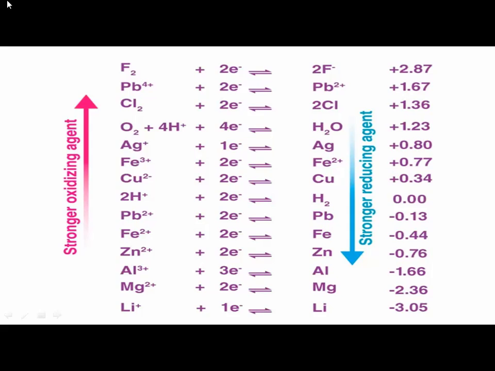So the stronger the electron affinity, or the stronger the electron gain enthalpy, the greater is the oxidizing power. So the affinity towards electrons should be more.